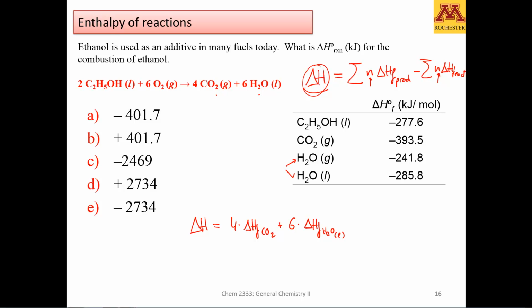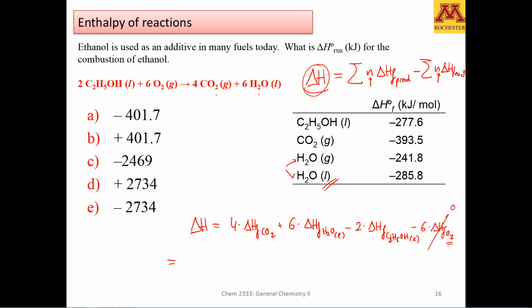Then negative 1 times the enthalpy of formation of ethanol liquid, C2H5OH, and sure, we would do 3 times the enthalpy of formation of oxygen, but oxygen is already an element in its standard state, therefore in our roof, and by definition this is 0.